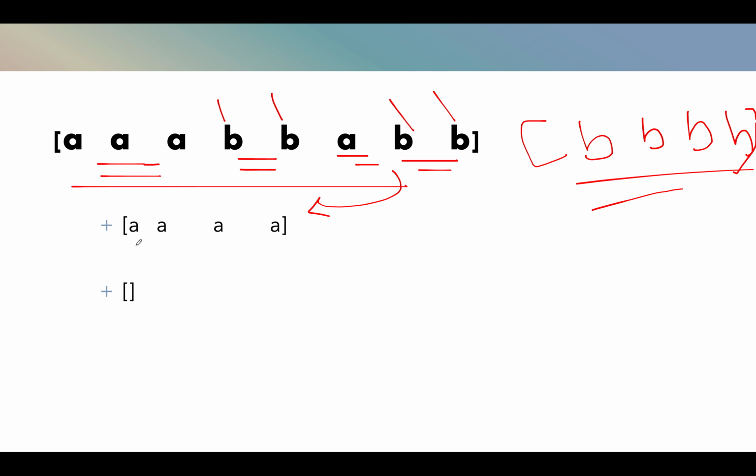We will be left with four A's, and now since it only contains A's, we can remove them in a single operation. So the total number of operations that we did were 2.